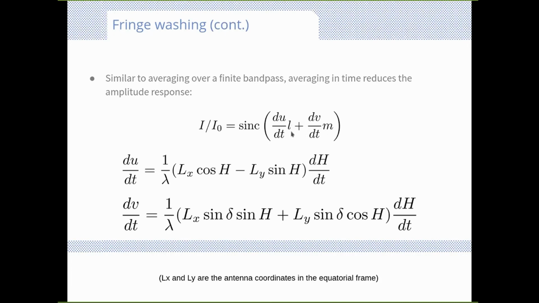If we have a source placed exactly at the tracking center of the telescope, so exactly in the direction of this vector n that we had previously, then L and M are going to be 0, because they're essentially just the sine of the separation angle. In that case, we don't have any amplitude loss, so the output amplitude I is going to be exactly the same as the original amplitude.